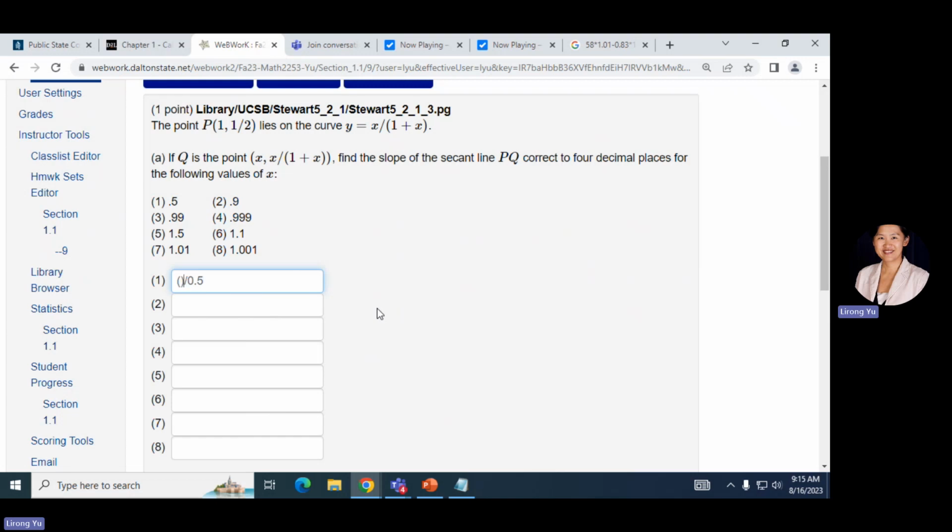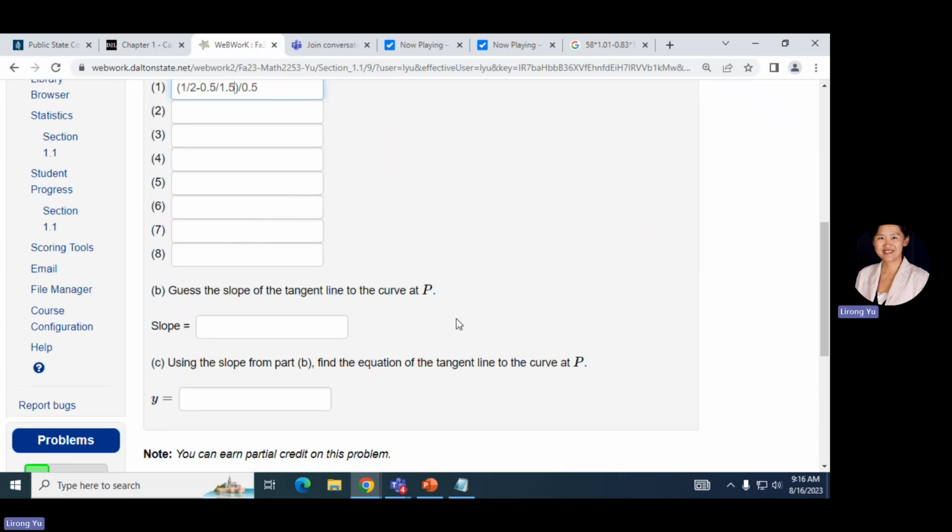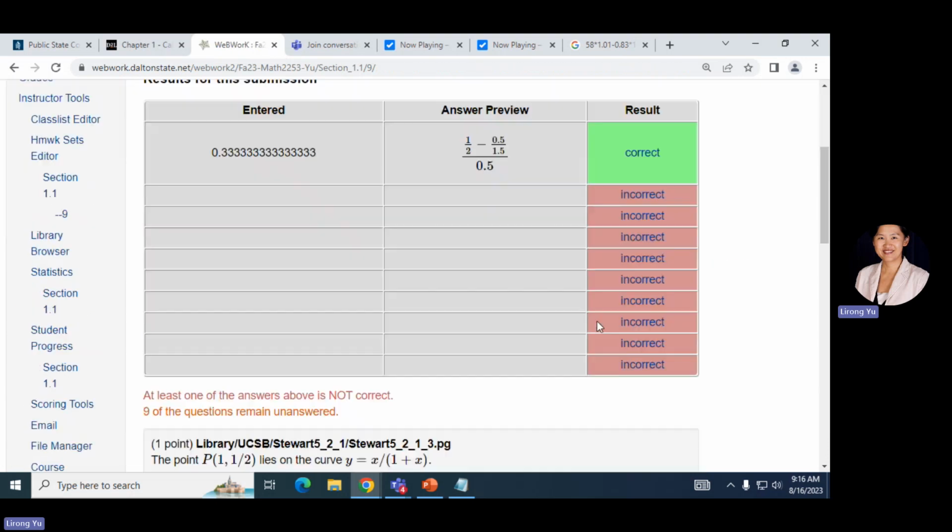The first one is already 1/2, and then the second one, I was using this one minus this one. So then it's going to be minus 1.5 over 1 plus 0.5, which is 1.5. So you can see the first one, if you calculate the slope.